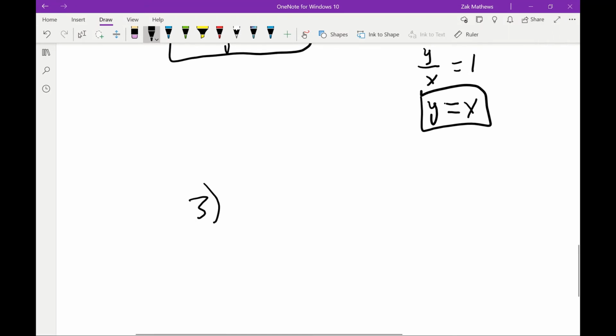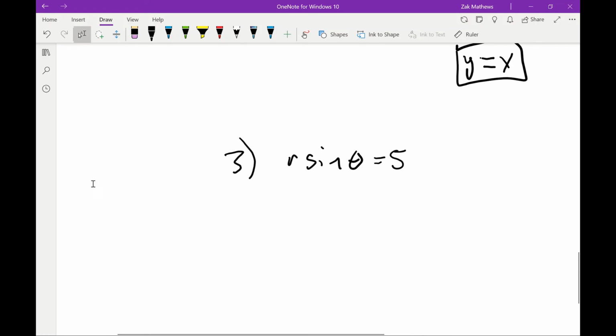Let's move on. Let's take the example r sine theta is equal to 5. Well, let me copy my formulas back down here so I have them sitting right next to the problem. Remember we said that these top two equations we can rewrite as r times sine theta is equal to y, and r cosine theta is equal to x.